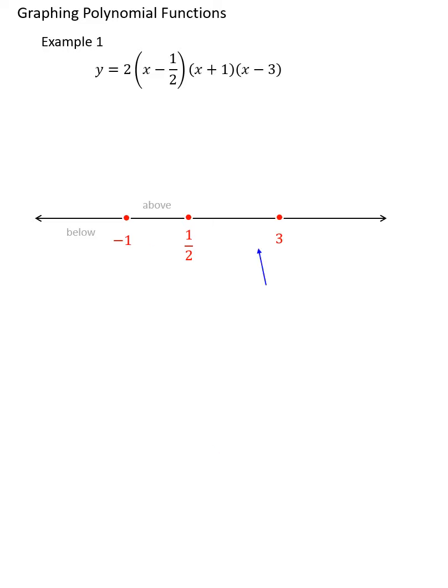And the logic continues again. Pick a random number in here. I picked 2.8 just to prove a point that it doesn't really matter. If I pick 2.8, which is in that interval, I've got my 2, which is positive. My first set of parentheses, that would be positive. My next factor, also positive.